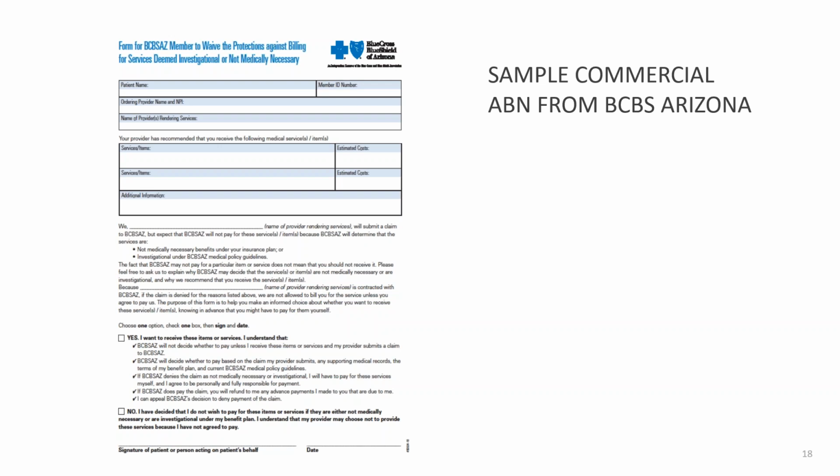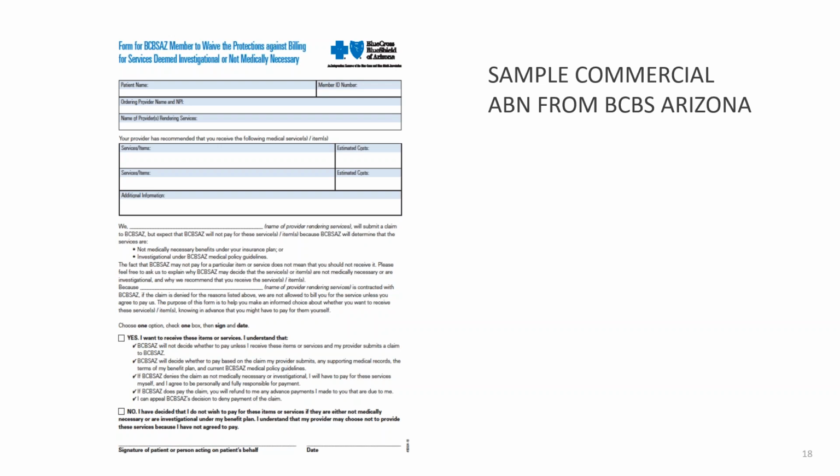Here's the kicker. The Blue Cross Blue Shield medical policy states that if you don't use their form for advance notice of non-coverage and you use some kind of a generic form or a generic statement in your intake document stating that if a procedure is denied by the insurance company that the patient agrees to be financially responsible, this payer says that's not good enough.